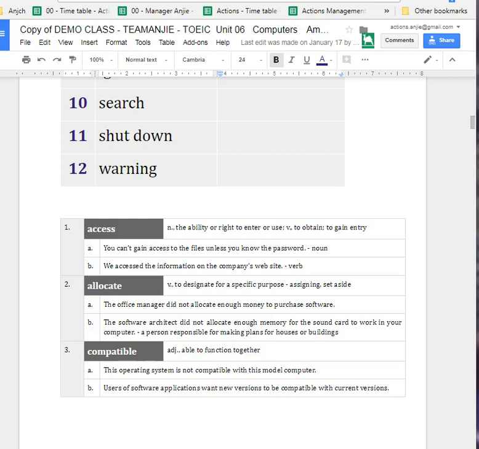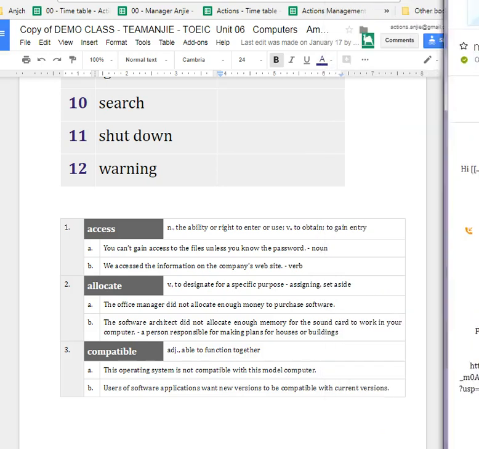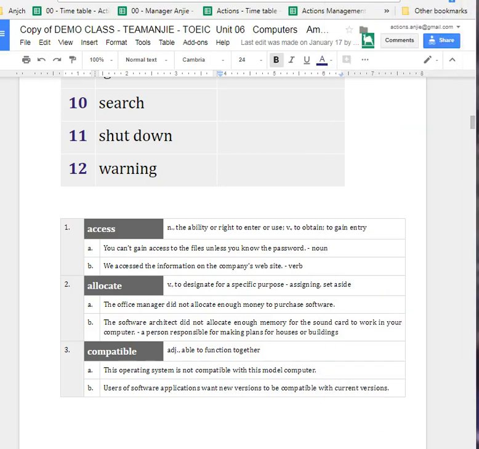Very good. For the next word, it's allocate. Can you read to me the meaning of allocate? For verb, it is to designate for a specific purpose, so it is assigning or setting aside.